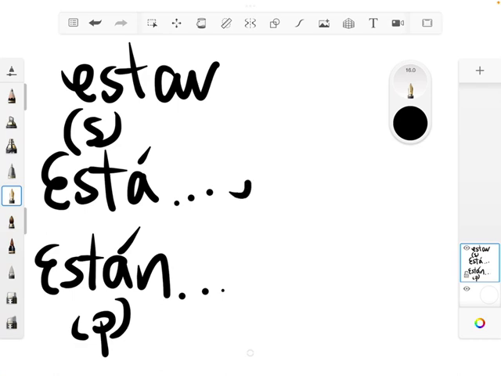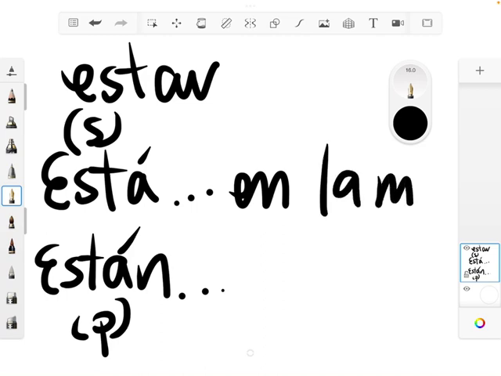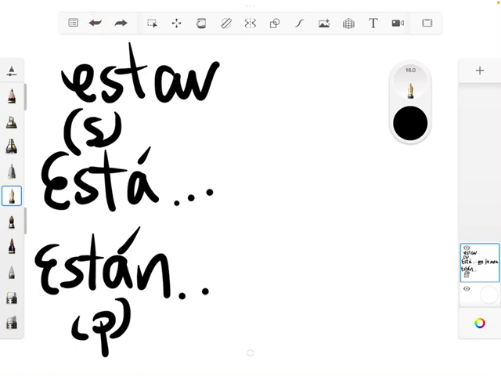Or you could say está en la mesa. It's on the table. Está cerca de la mesa. It's near the table. Está debajo de la mesa. Below the table. Está delante de la mesa, in front of. Detrás de is behind. Encima de is on top of.